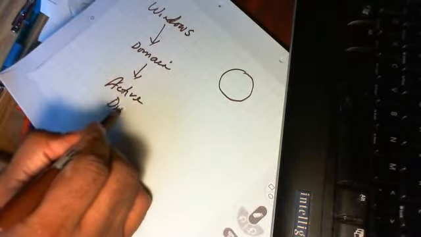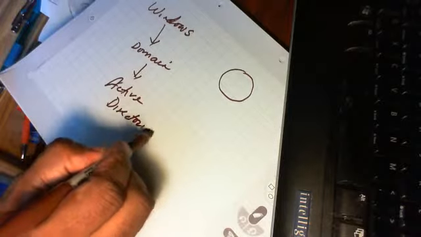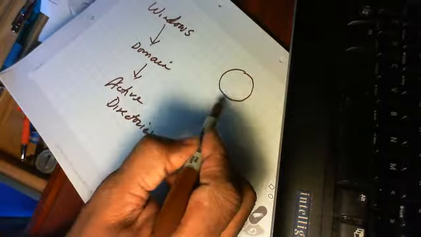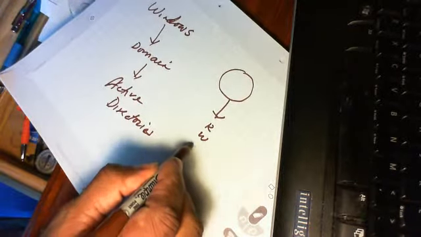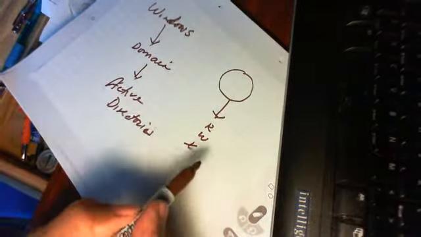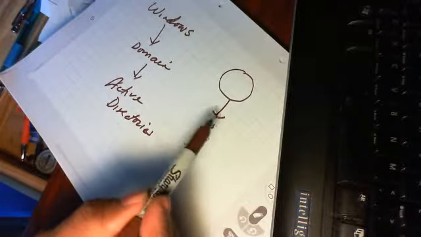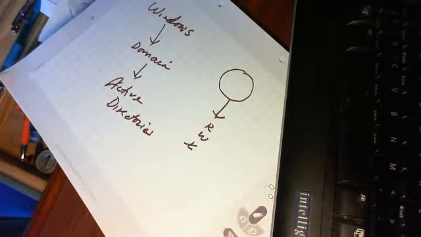For example, Windows uses domain and active directories to do all of this, to maintain all of this, right? So you have an object, and the object has read, write, and execute permission, and the user, you can give the user these types of privileges based on their role for the company.